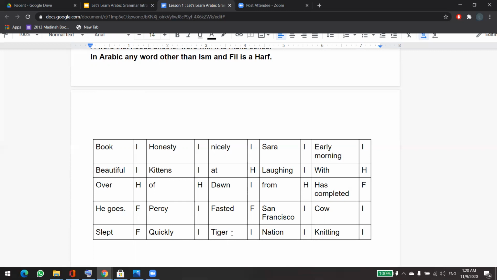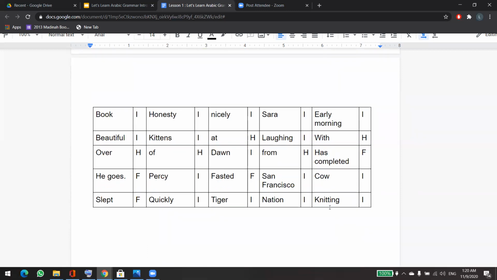And tiger, obviously ism. Nation, ism. Knitting, again. Do you see mention of time? No, you don't see a mention of time here. Knitting only, it's the name of the action, but time is not mentioned. Time would be mentioned if it were is knitting or was knitting.